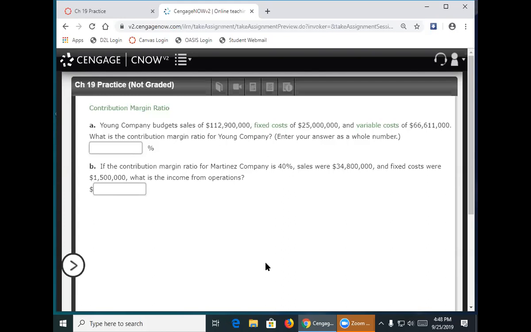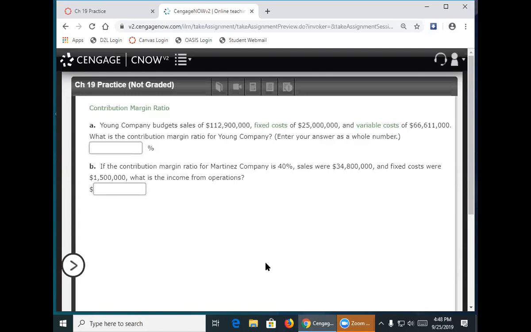So when I'm thinking about production, I want my contribution margin to be higher than my fixed costs. It has to cover my fixed costs for me to make a profit. So any contribution margin that's greater than our fixed costs is going to result in a profit. And that's why we look at it a little differently. Normally we take sales minus cost of goods sold, right?